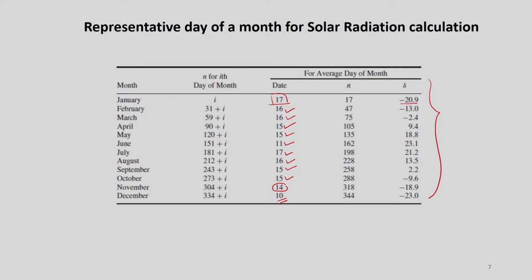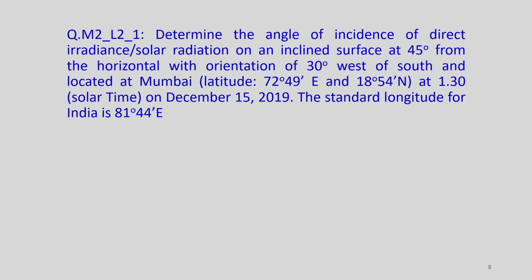Okay. Now, let us solve one very interesting problem. This will give you a lot of understanding about what we have discussed so far as angles in solar geometry are concerned.